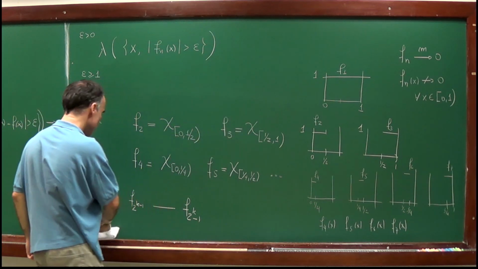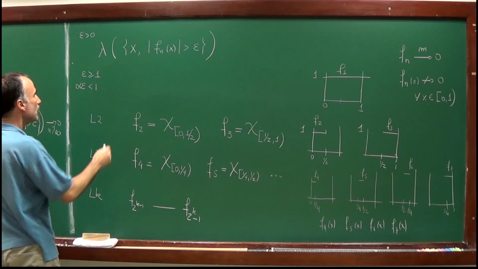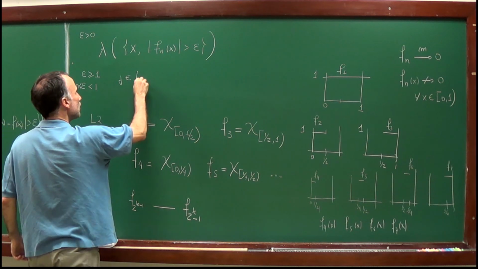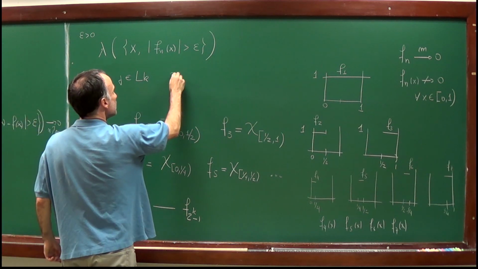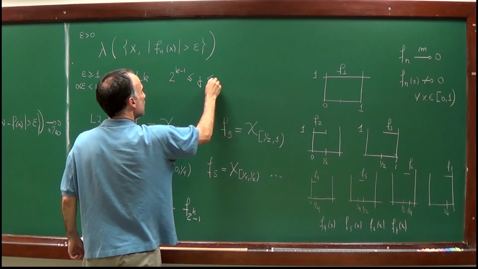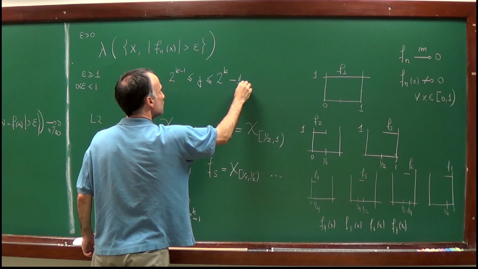And in this case, let's assume that we take an integer j which belongs to the level k. This means that j is between 2^(k-1) and 2^k minus 1.